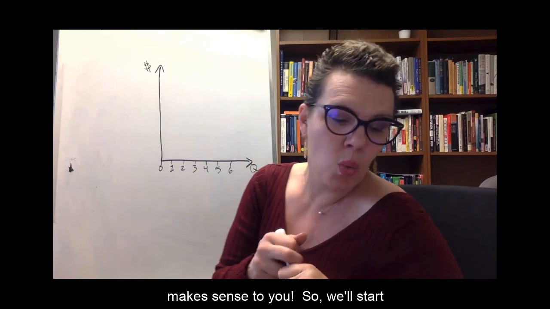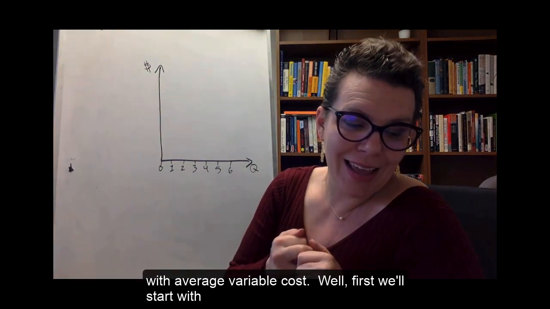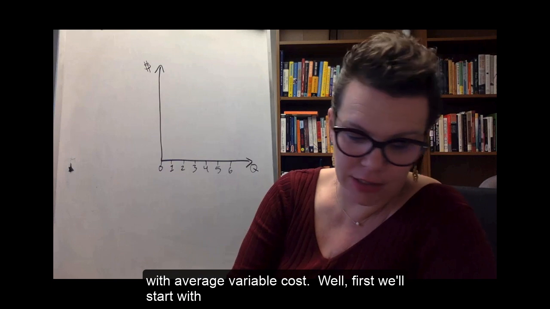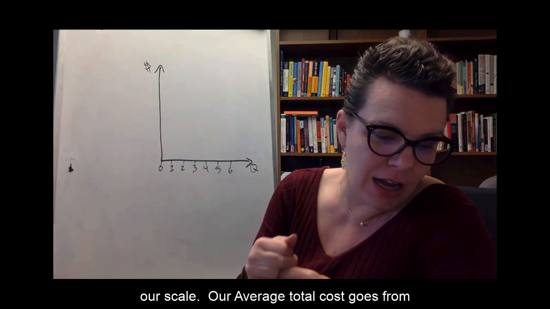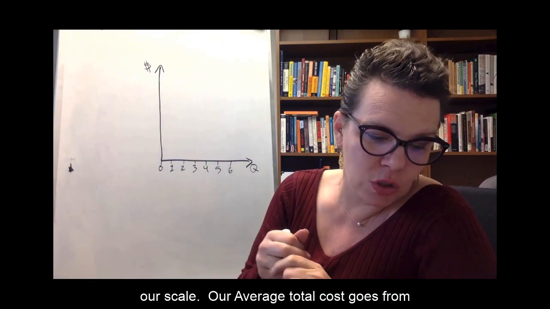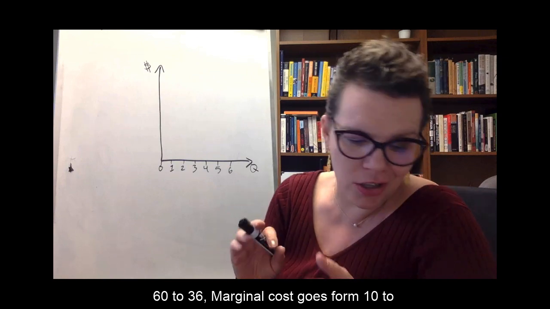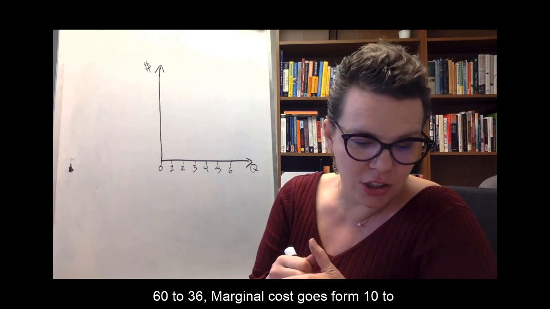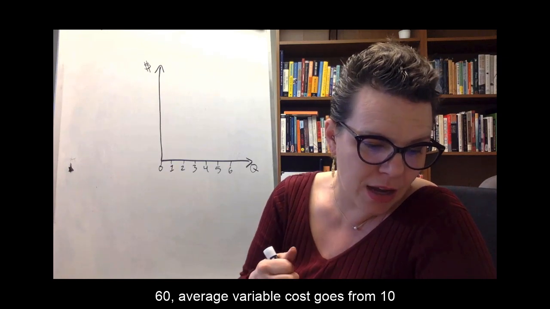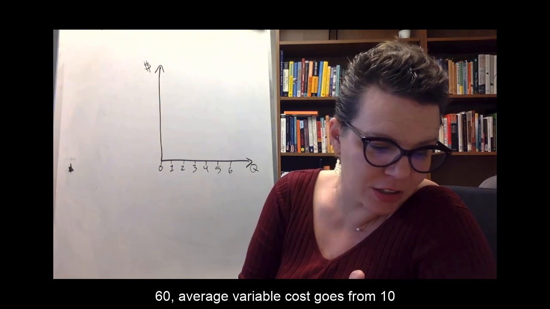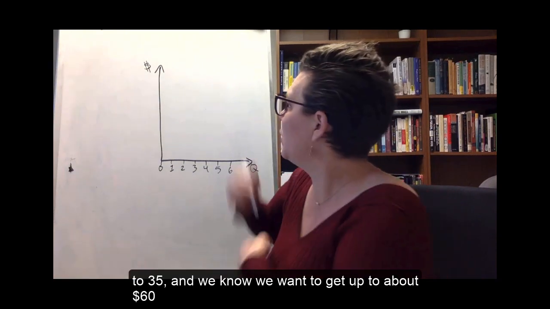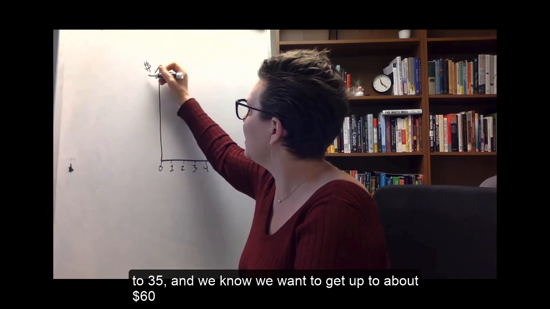So we'll start with our scale. Our average total cost goes from 60 to 36. Marginal cost goes from 10 to 60. Average variable cost goes from 10 to 35. So we know we want to get up to about $60.